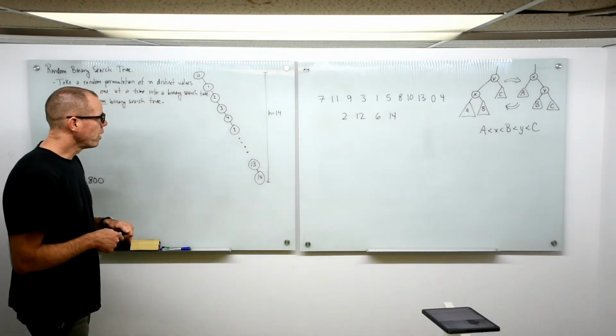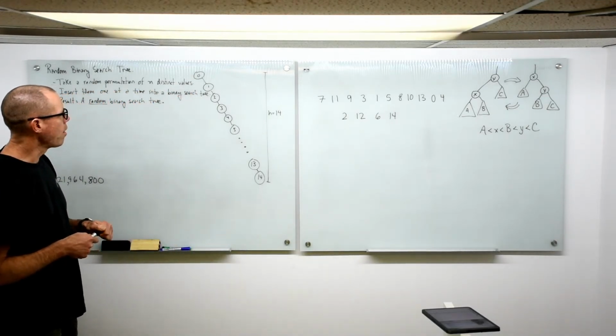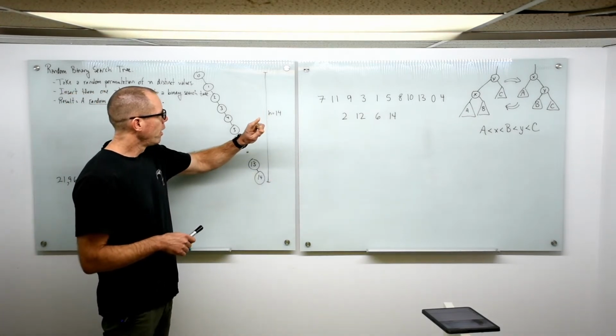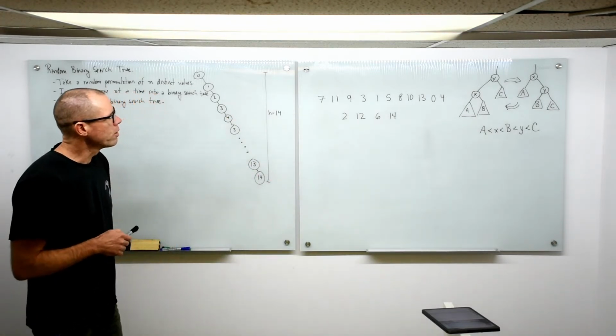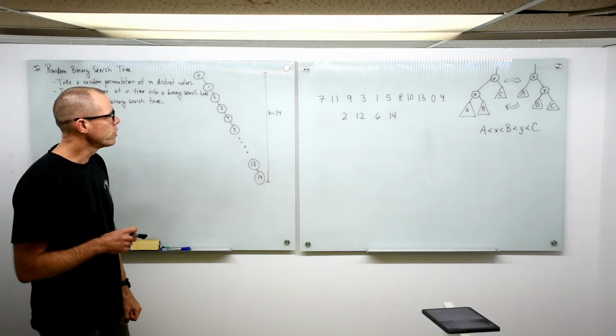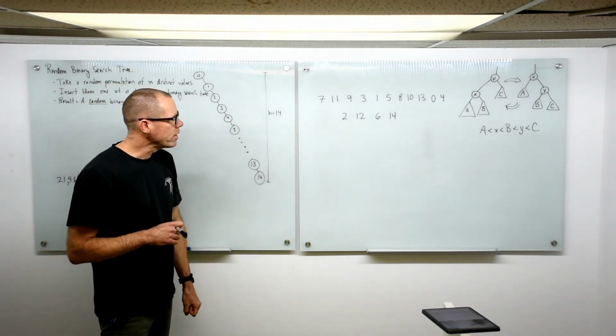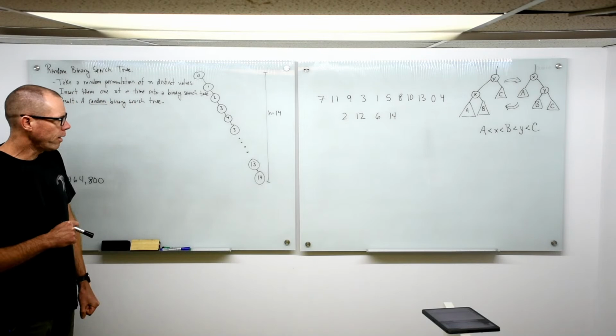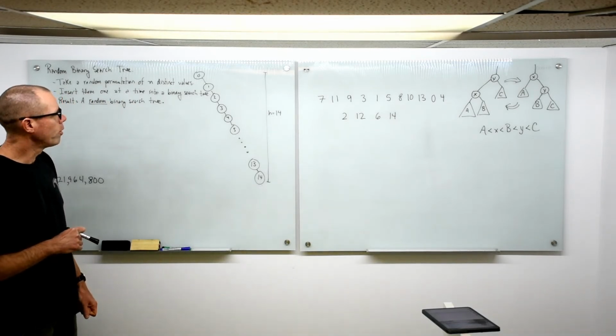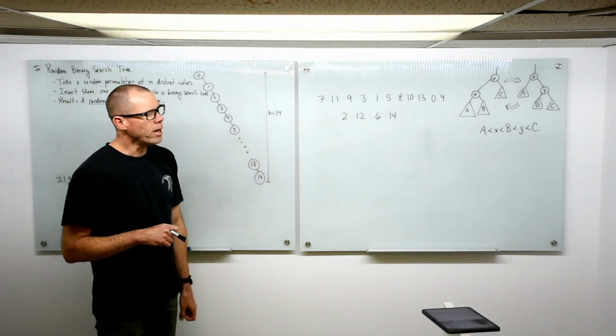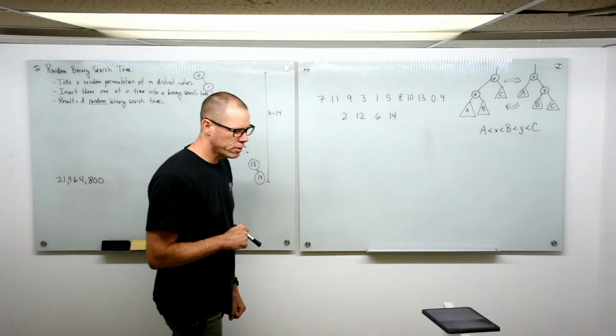So let's start with this example here. So here's a sequence of numbers. It's all of the integers from 0 through 14. And imagine we want to create a binary search tree that contains those numbers.